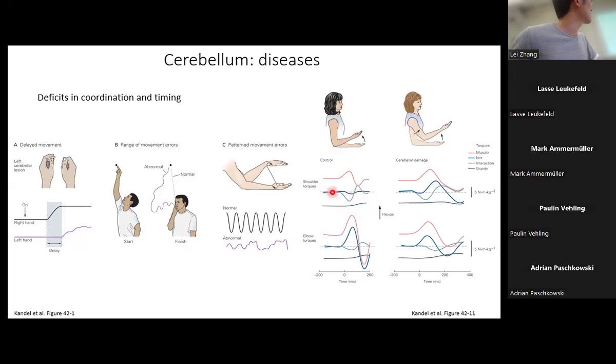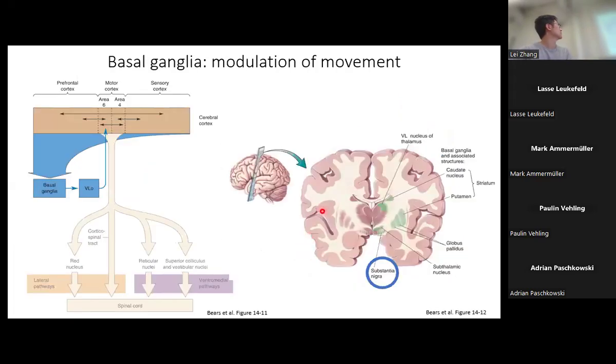That means your shoulder doesn't move. But in cerebellar patients, if you ask them to flex the elbow, they cannot keep the shoulder stable. So the shoulder always moves together with the elbow. That's why you see the net torque is not zero in the shoulder. Okay, so this is about the cerebellum.